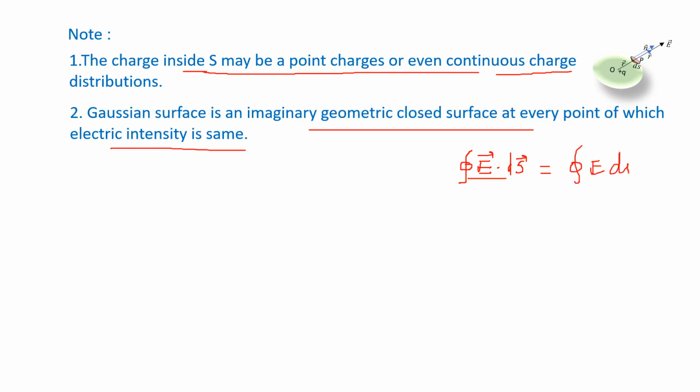Since E is constant, it is taken out of the integration, and we can find the integration of ds. If theta is 0, cos theta becomes 1, so it can be easily solved. That's why we choose a symmetric Gaussian surface. It can be a sphere, it can be a cylinder.